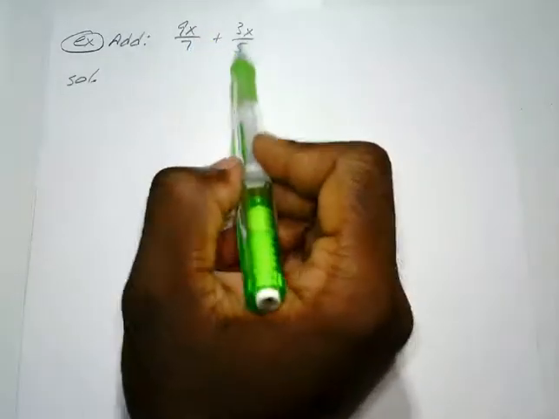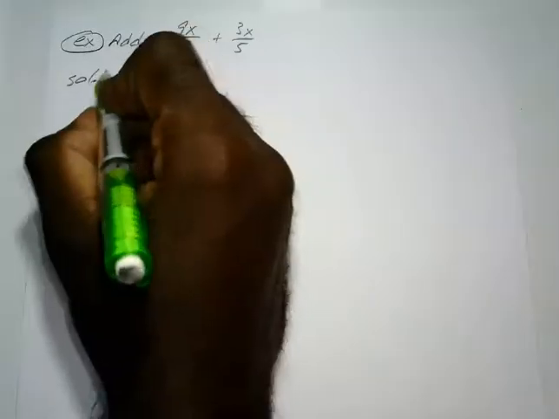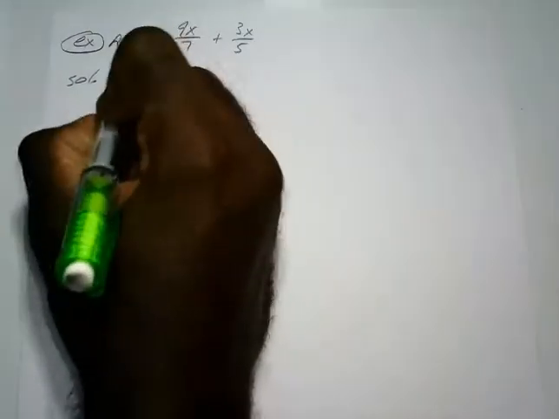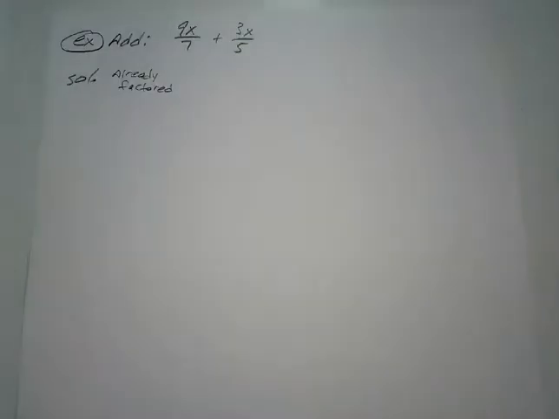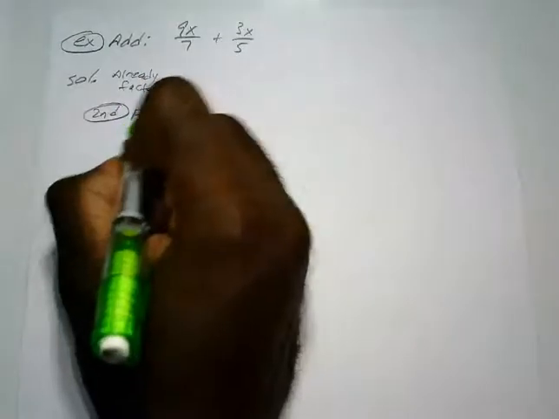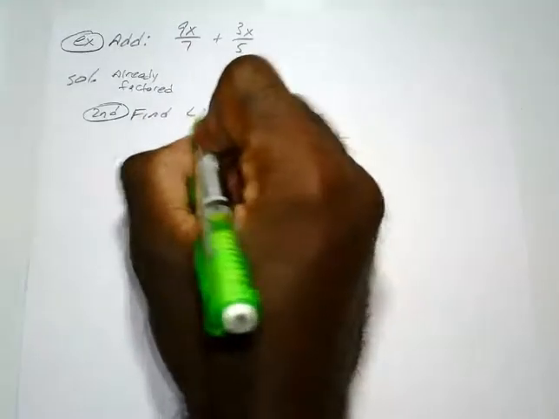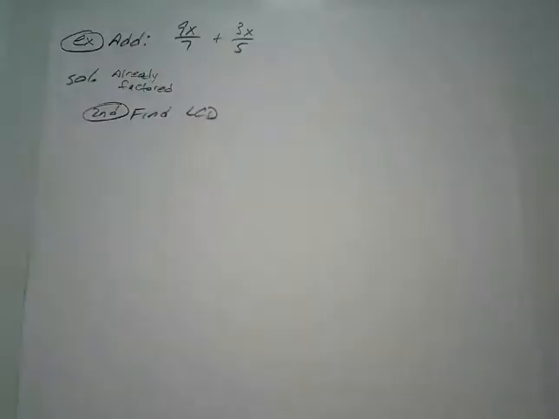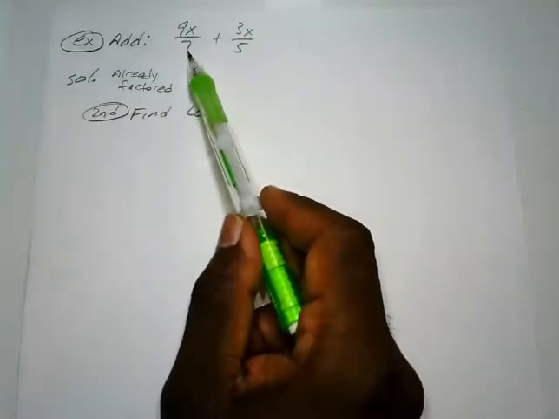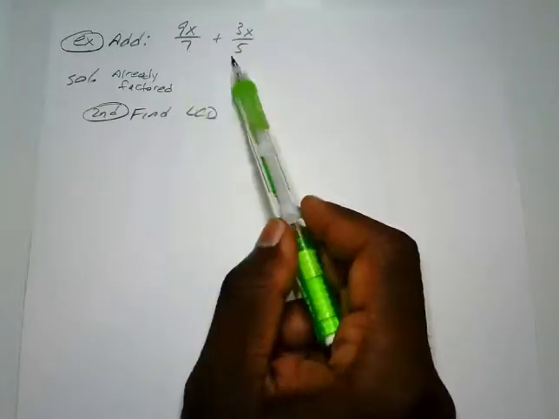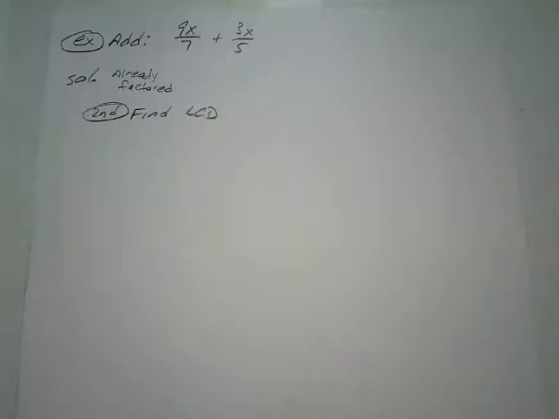The numerators and denominators are already factored, so you can skip that step. Okay. Now your second step, find your least common denominator. Okay, so we know that the least common denominator between 7 and 5 is 35.